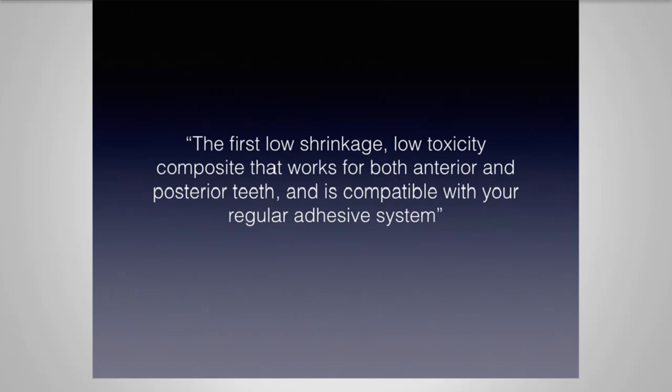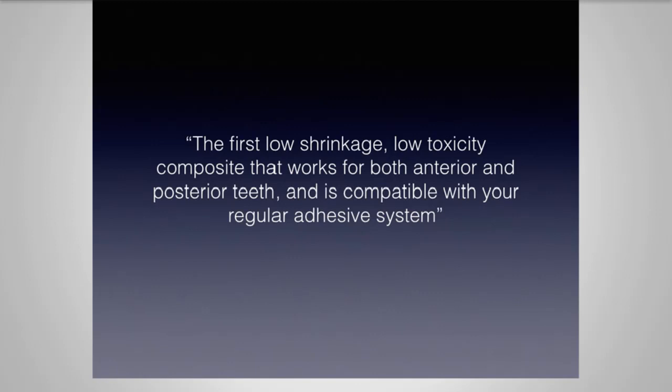This leads us to this next section, and a quote that was provided by a representative from the company that we're going to talk about next: the creation of the first low shrinkage, low toxicity composite that works both for anterior and posterior teeth and is compatible with your regular adhesive systems.